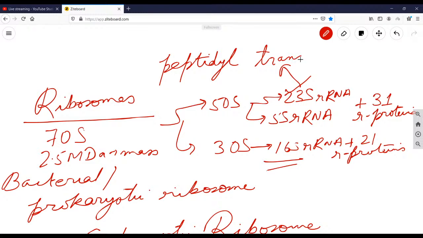It can catalyze a biochemical reaction, reminiscent of an enzyme, because enzymes also catalyze reactions; they are biocatalysts. Specifically, the 23S rRNA in prokaryotes catalyzes the peptidyl transferase reaction.